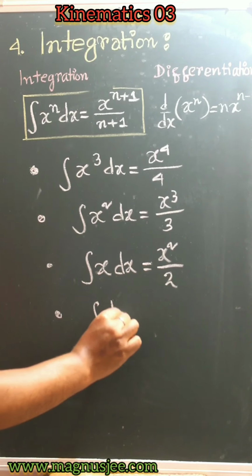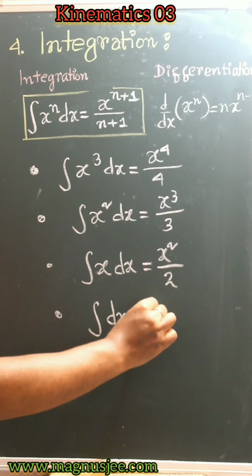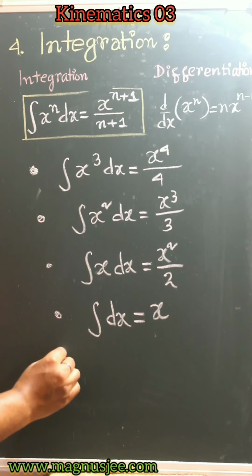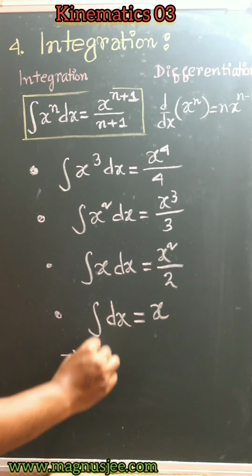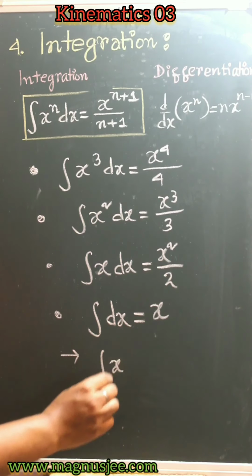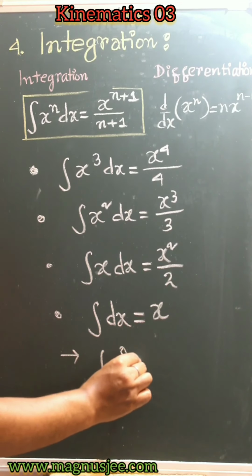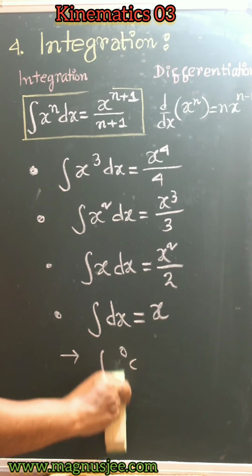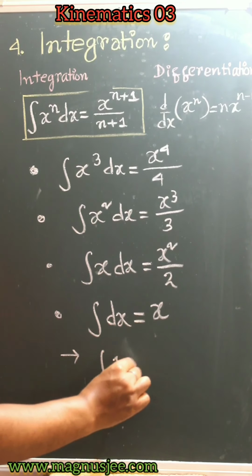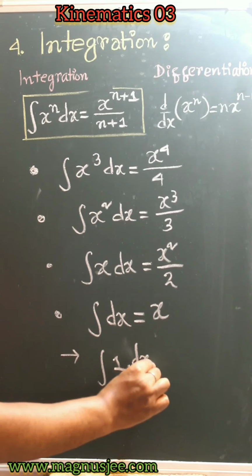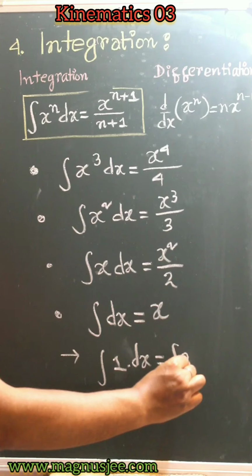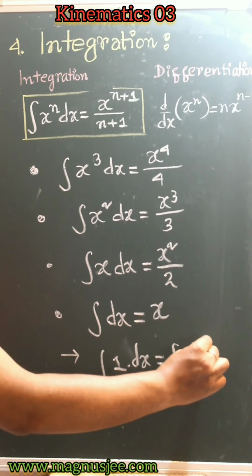Now integration dx equals x only. If we integrate dx, then we get x only. So if we explain this formula, integration dx can be written as integration 1 dot dx, equals integration x to the power 0 dot dx, since 1 means x to the power 0.